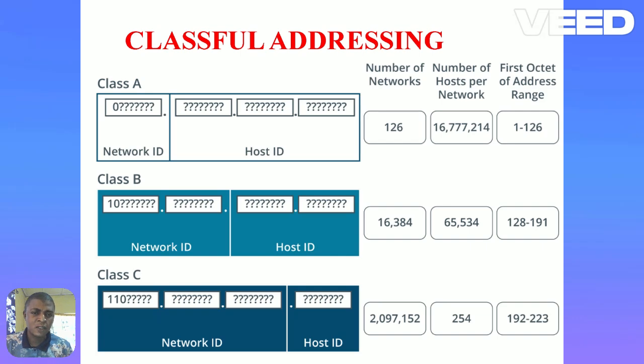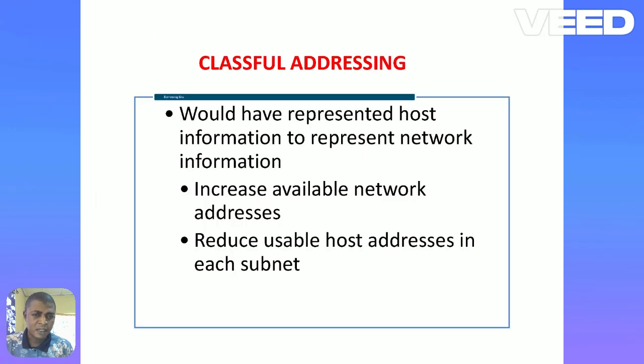So any range from 128 to 191 is classified under class B. Then the class C, we have the larger network ID, which is 2,097,152, and the number of hosts per network is 254, and it starts from 192 to 223.